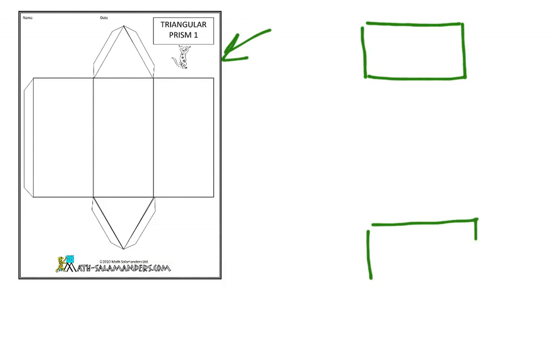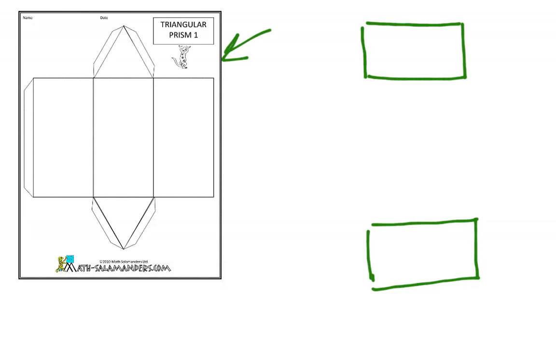Oh, one more thing I wanted to show. So this is one way to draw a net, and the way you would draw it if you were drawing it from scratch is to take your two bases. So let's do a rectangular prism. So I would do my base, and then down here I would also do my base.